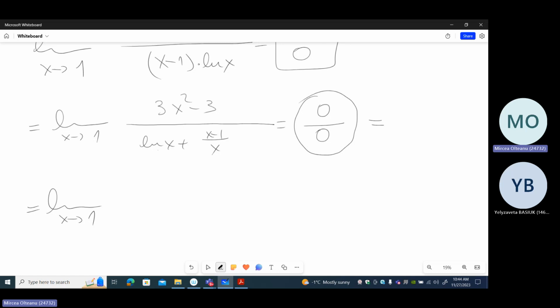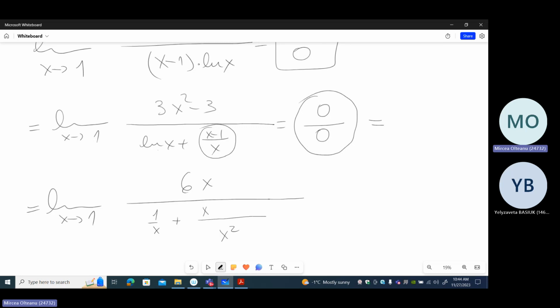Now if we continue to apply the L'Hopital rule, above we get 6x, below it's 1 over x. And now attention, plus the derivative of this ratio. Here you need to differentiate a ratio. We have the formula. The denominator is squared.